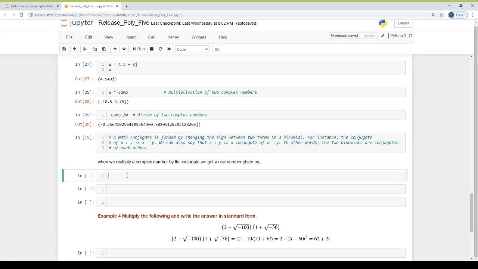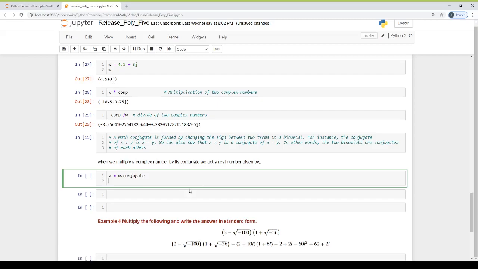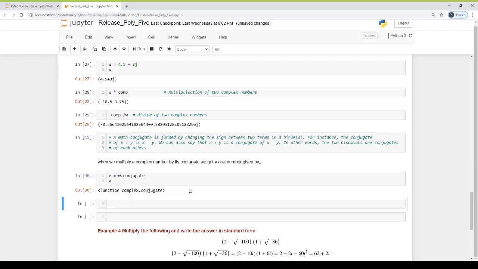v is equal to w.conjugate. The value of w is 4.5 plus 3j. So the value of v, the complex conjugate, is w.conjugate method, 4.5 minus 3j.